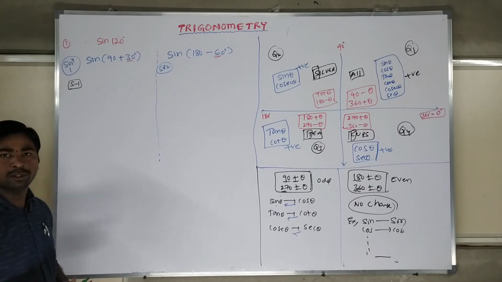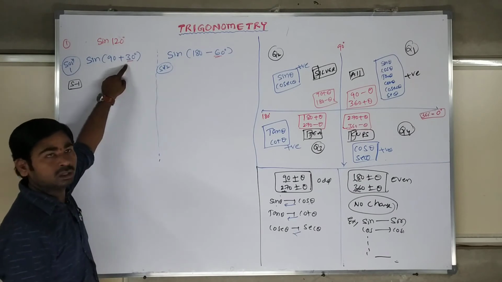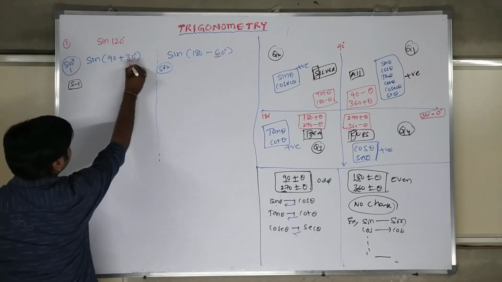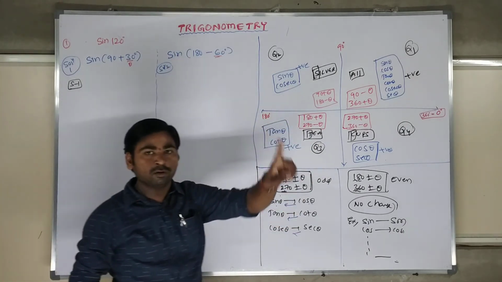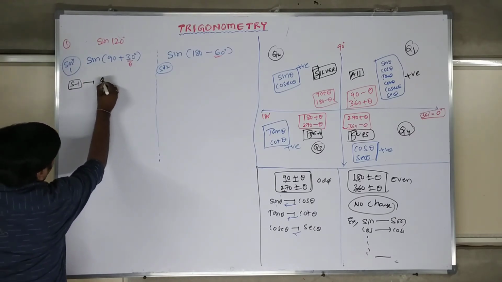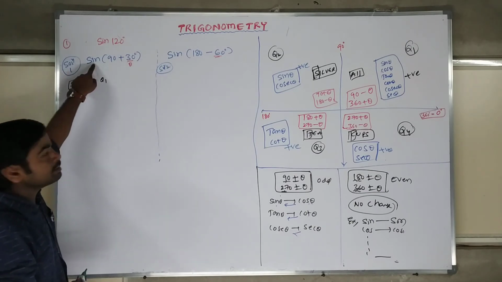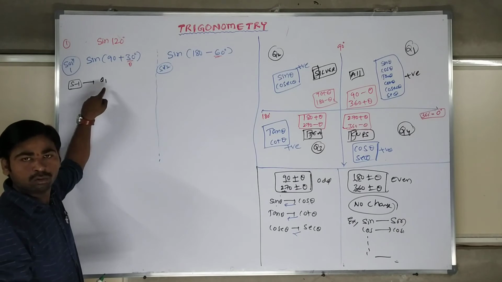Step 1: please look here, 90 plus theta. Which quadrant? Our assumption is that theta is small. 90 plus theta is quadrant number 1.